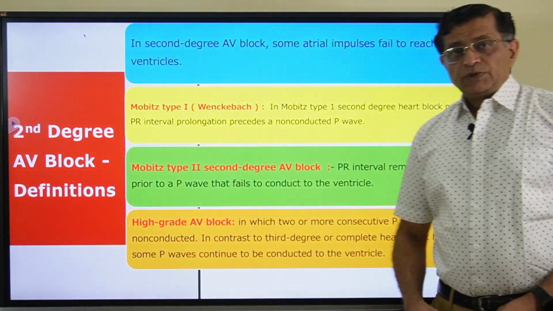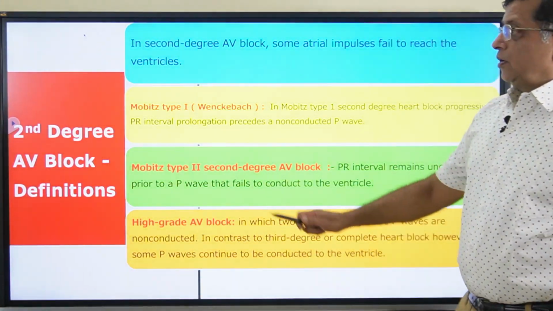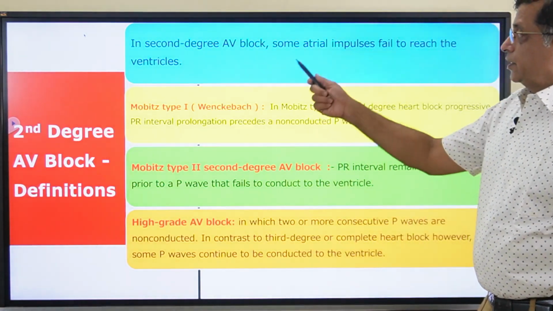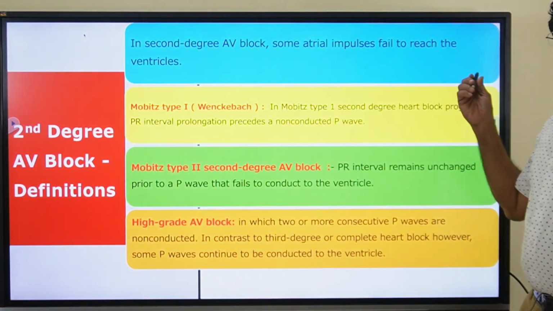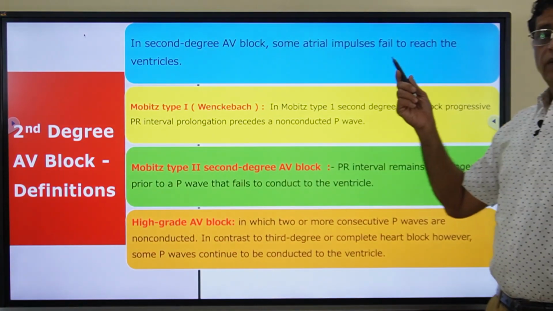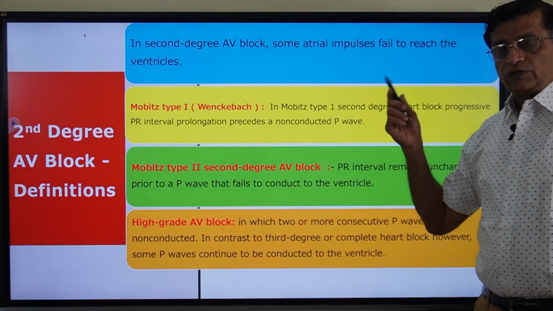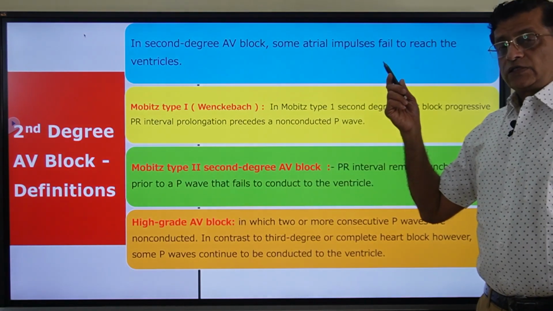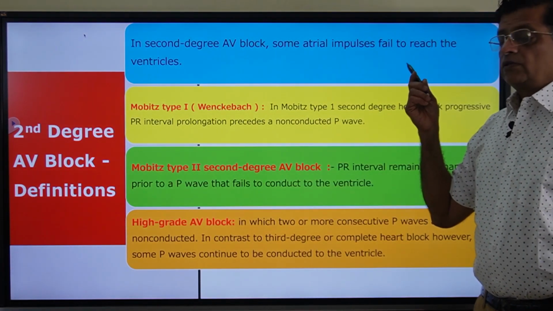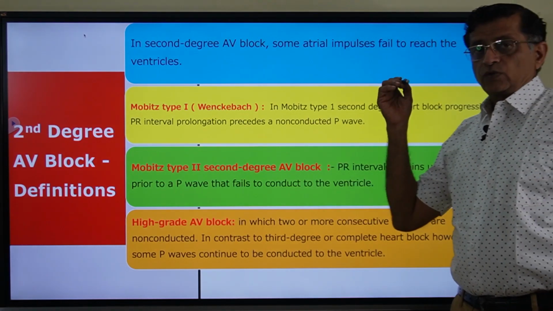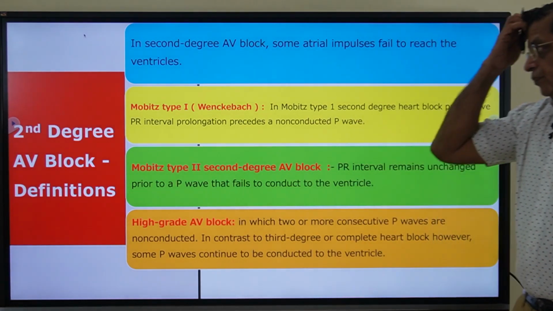This is a repetition slide. We have already seen the definitions of second degree heart block. In second degree heart block, some atrial impulses fail to reach the ventricle. Atrial impulses are represented by the P wave in ECG. Sometimes the P wave does not get conducted to the ventricles. That is, there is no QRS that follows the P wave, and that is the diagnosis of second degree heart block.